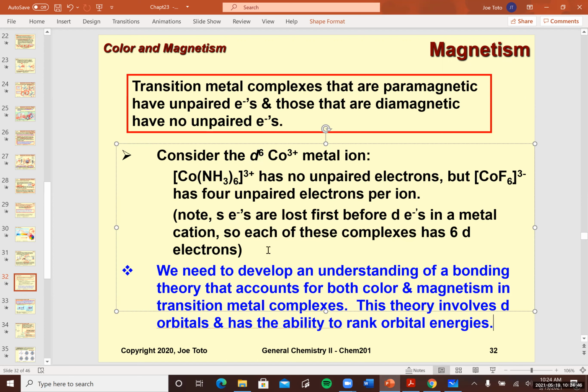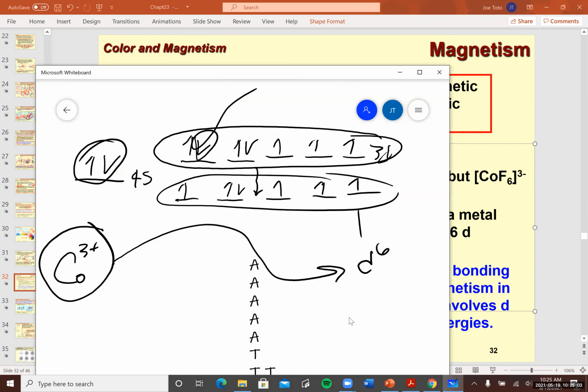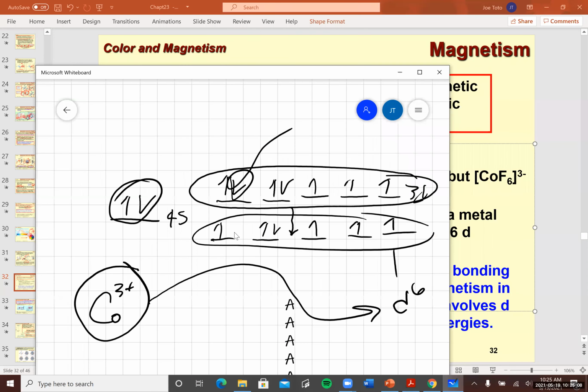Now, once you can rationalize the number of electrons, then we're ready to take a look at crystal field theory. Crystal field theory is a way to generate orbital energy diagrams. So what is an orbital energy diagram?